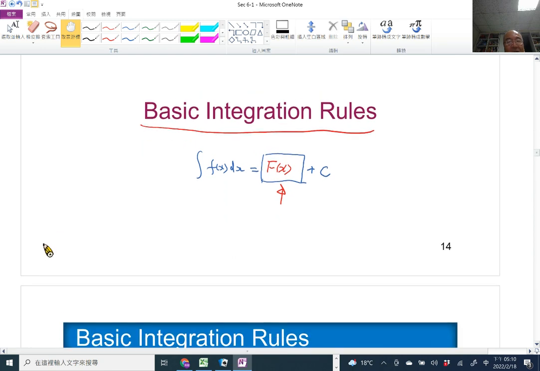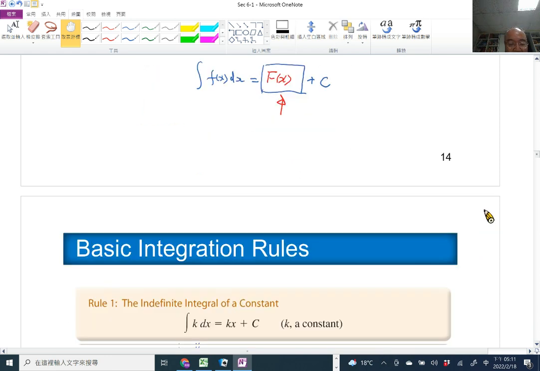Since some working experience can help us, we will write this kind of experience as rules. So in the following, we are going to introduce some integration rules, and we name these the basic integration rules.